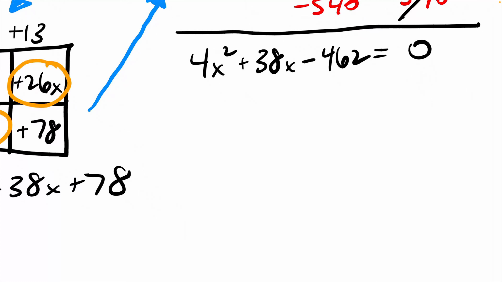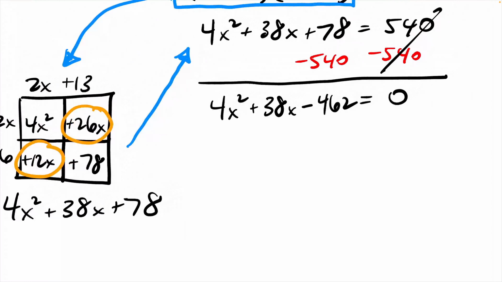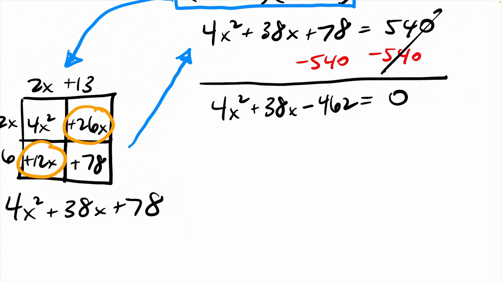What's my next step? Yep, GCF, right? GCF, we can divide them. I think the biggest number is 2 that we can divide them by, because 38 doesn't work. So 2 is the GCF.